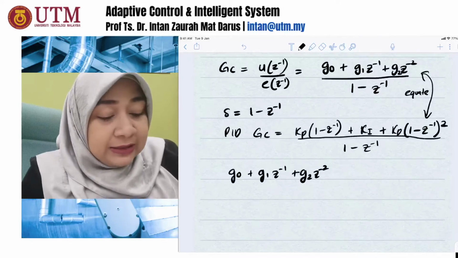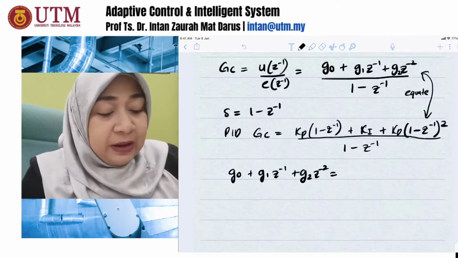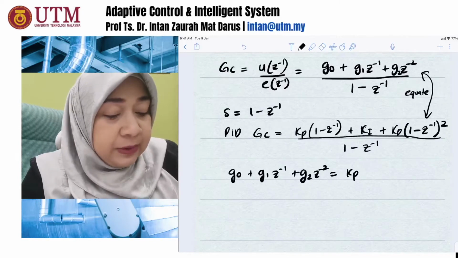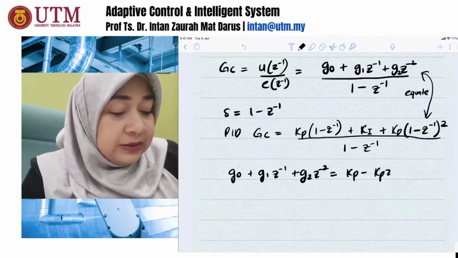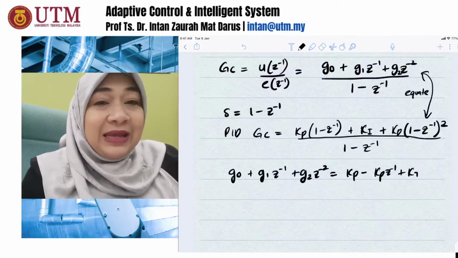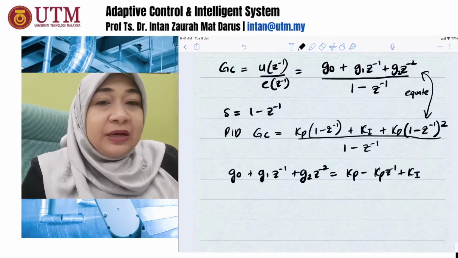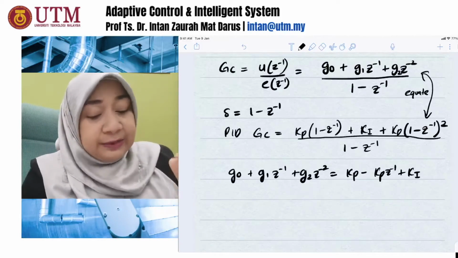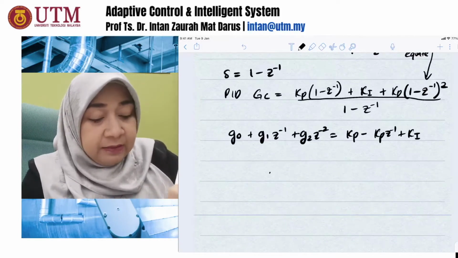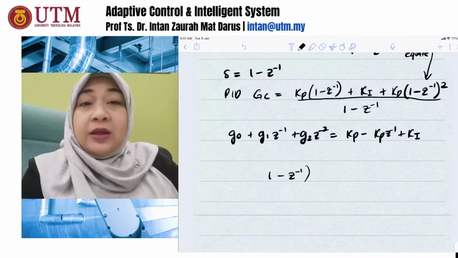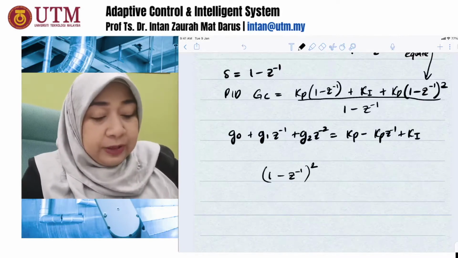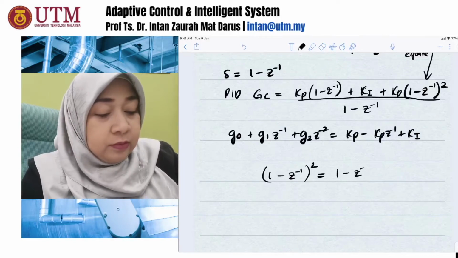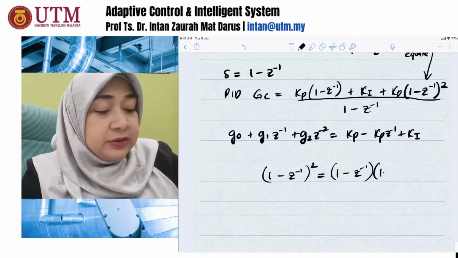On the other side, I will have Kp multiplied by 1 minus z minus 1. That will give me Kp minus Kp z minus 1 plus Ki. KD multiplied by 1 minus z minus 1 squared, you need to actually expand that. If I expand 1 minus z minus 1 squared, it will become 1 minus z minus 1 multiplied by 1 minus z minus 1.